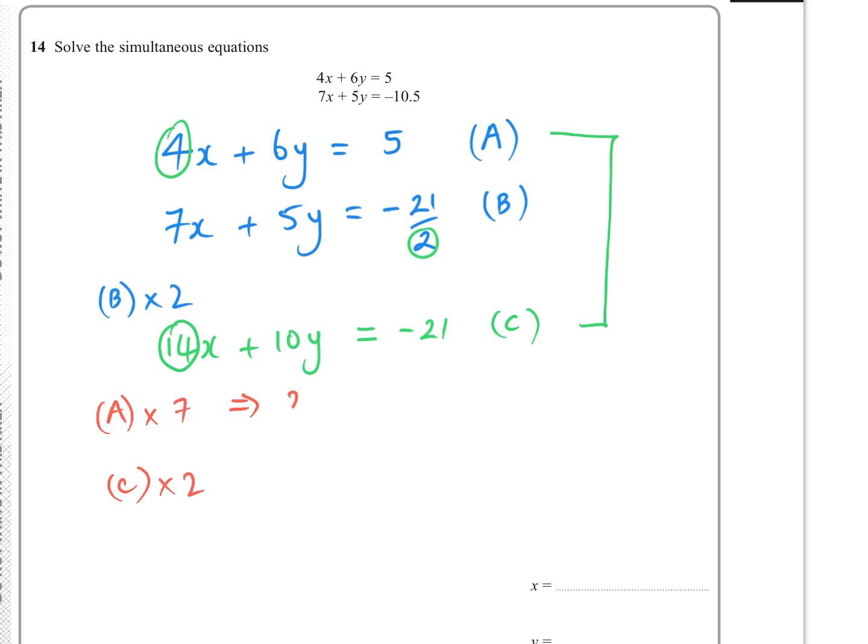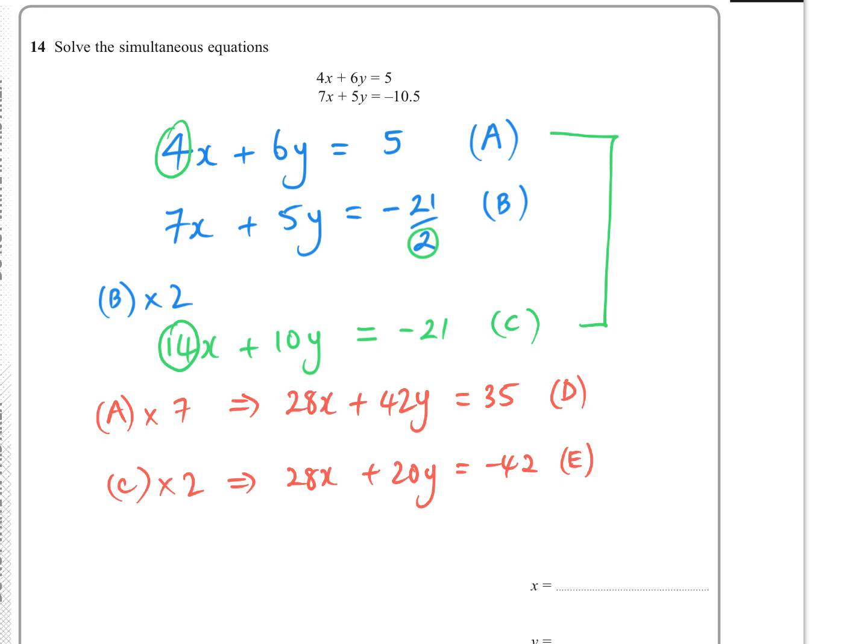So equation A by 7 is 28x plus 42y equals 35. And equation C by 2 gives 28x plus 20y equals minus 42. You don't have to label these, I'm just doing this so you can follow what I'm doing.